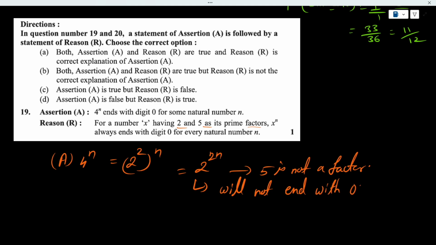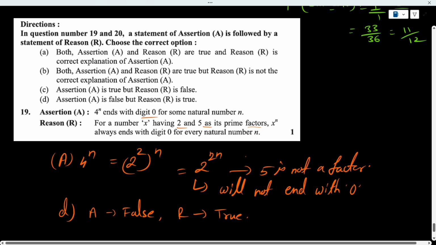If it will not end with 0, the statement is false because it's given it's ending with 0. So assertion is false and reason is true. Which option is the right option here? Option number D, because assertion is false and reason is true. That falls under option number D.